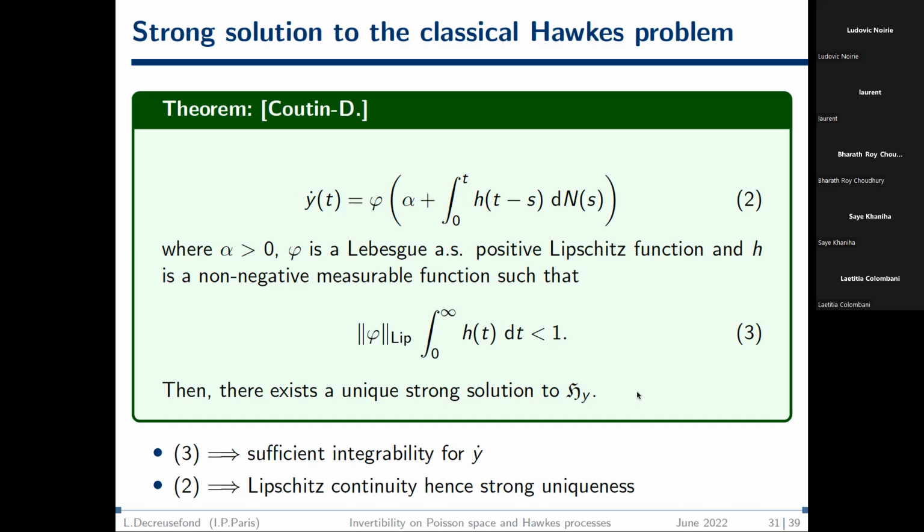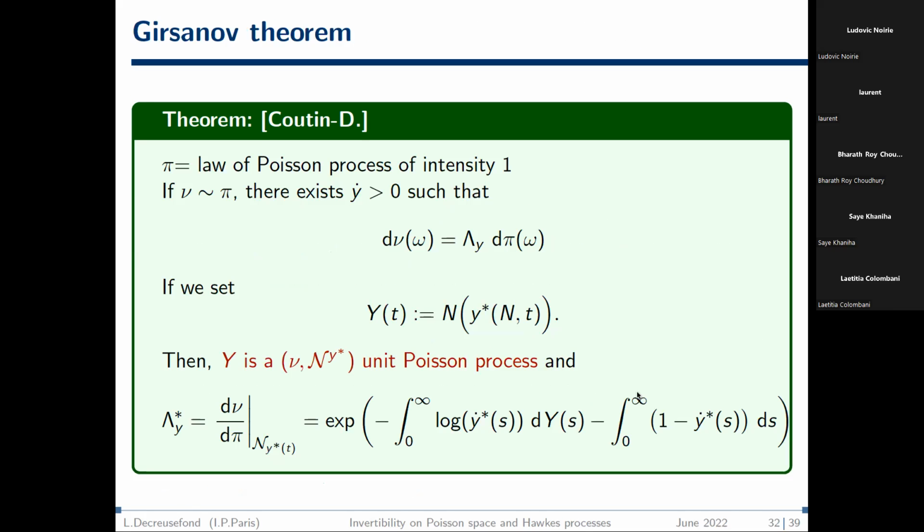This is to ensure that you have strong uniqueness. So the only thing you have to show is weak existence, and weak existence relies on the Girsanov theorem. It's very strange, because the Girsanov theorem is very well known in the Brownian case, but I never found a reference for the Poisson case. Imagine you have pi, the law of a Poisson process of intensity 1.